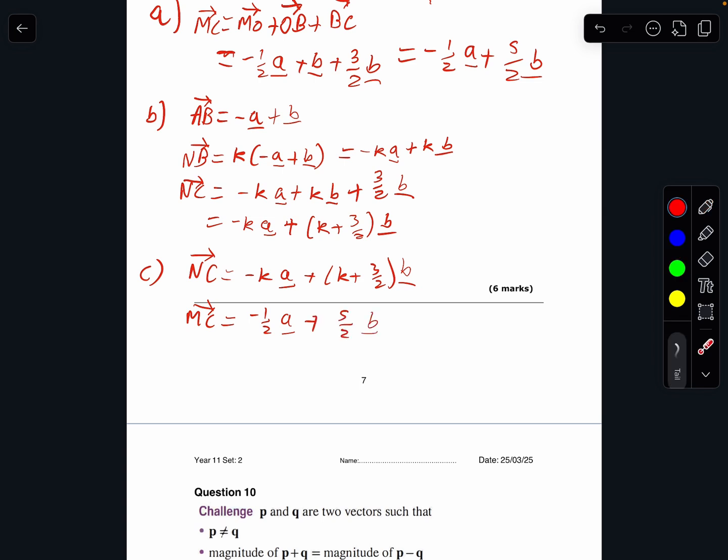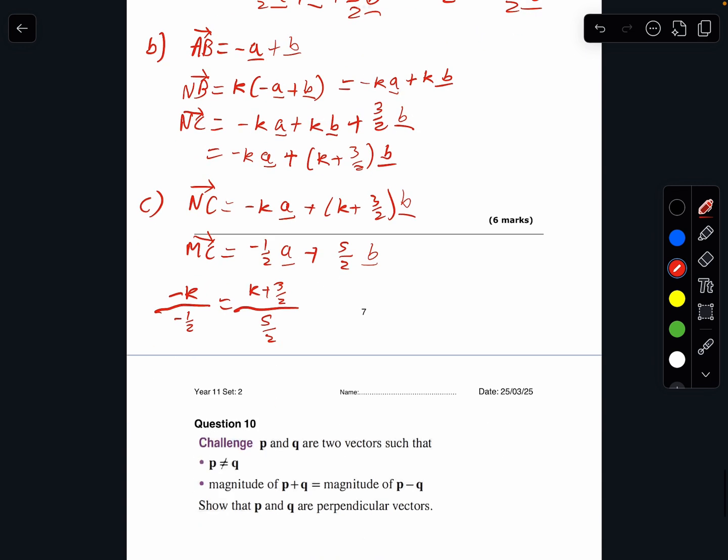Because once again these are parallel, that means they're multiples of each other, so their coefficients must be in a similar ratio. I can say that this thing divided by this thing is the same as this thing divided by this thing. So minus k divided by minus a half is exactly the same as k plus 3 over 2 divided by 5 over 2.